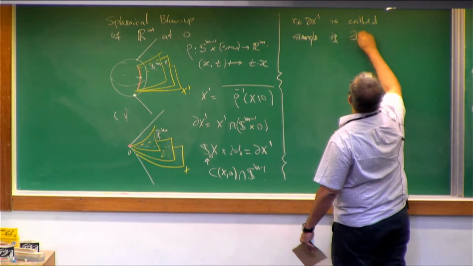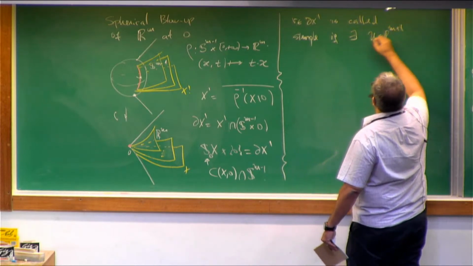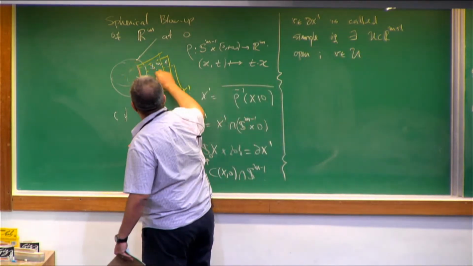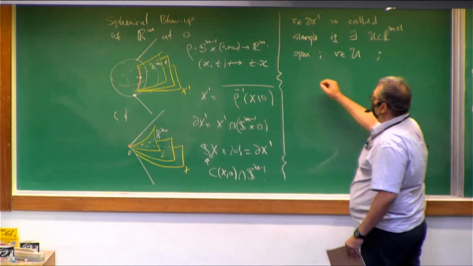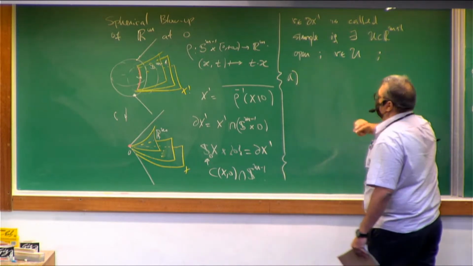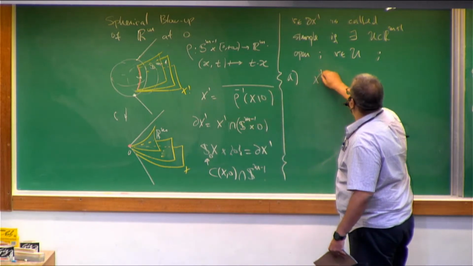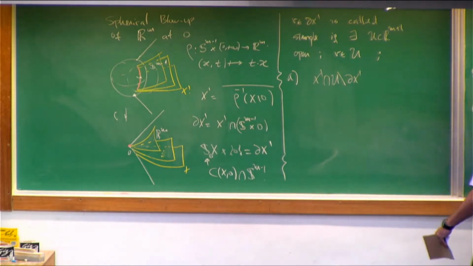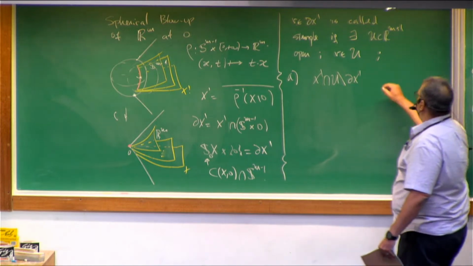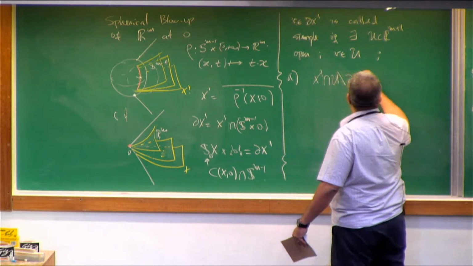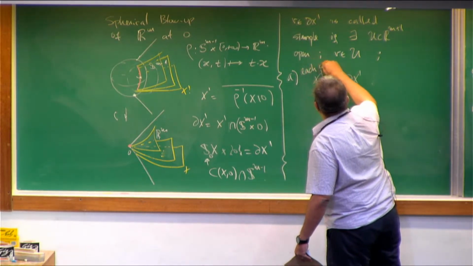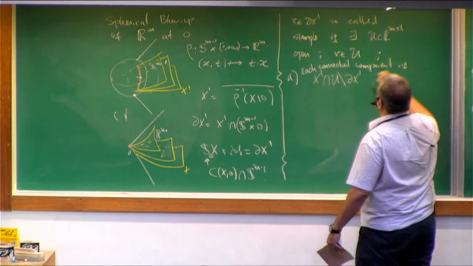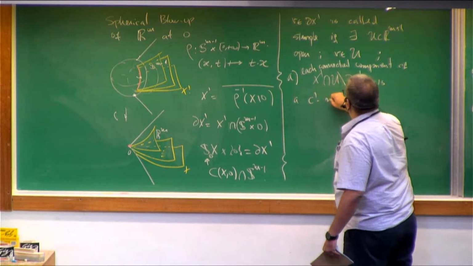if there is an open neighborhood here such that the intersection of my strict transform with this neighborhood, when you remove the exceptional divisor, each connected component of this is a C1 manifold.